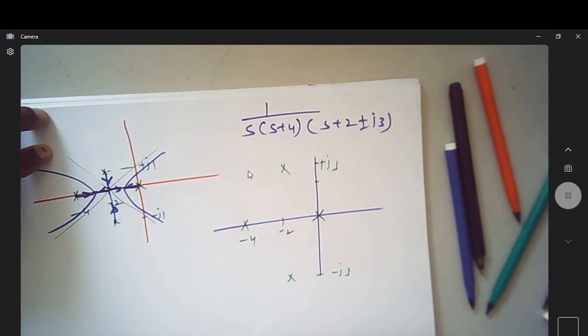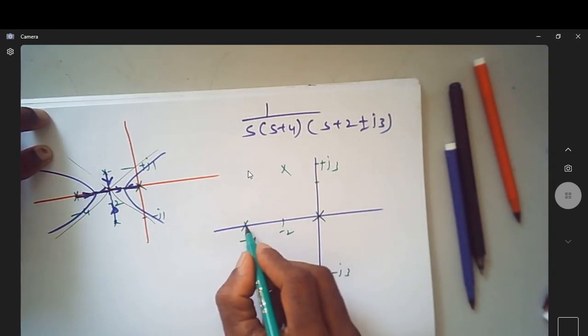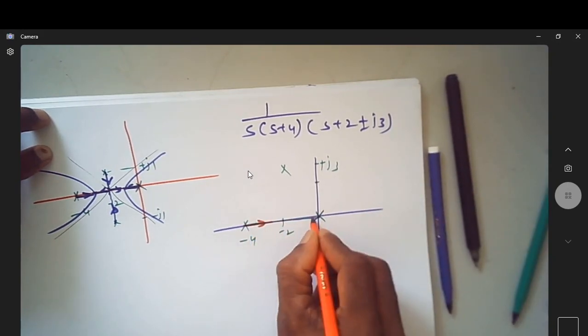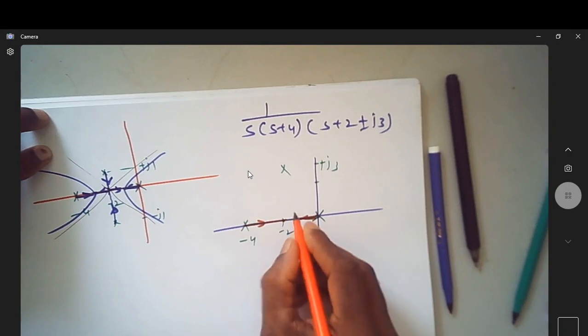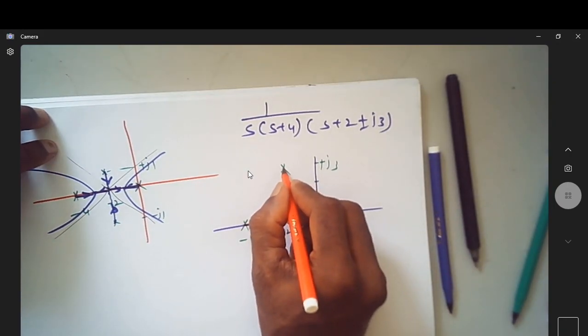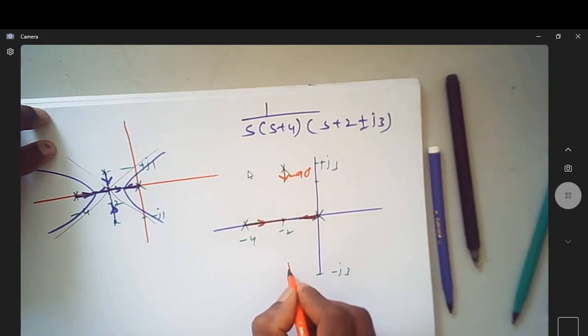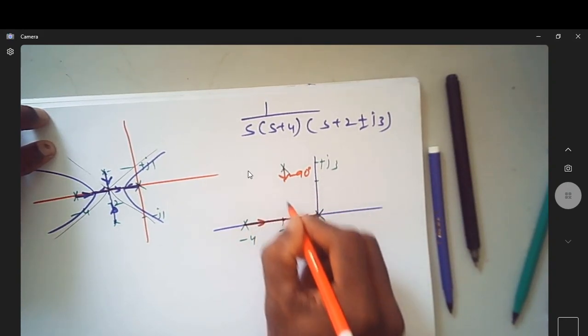Now what happens is, this is a part of root locus, this is a part of root locus, it goes here, it goes here. First it will break. If you find the angle of departure, it is minus 90 degrees for this, so this will be plus 90. So this is coming up here, this is going down.